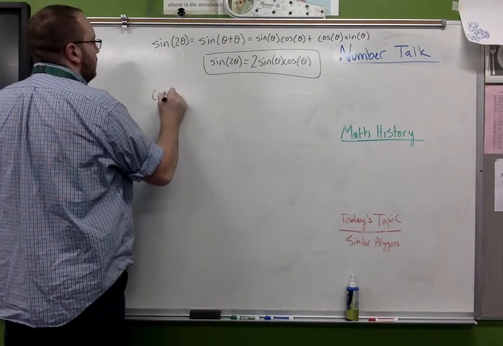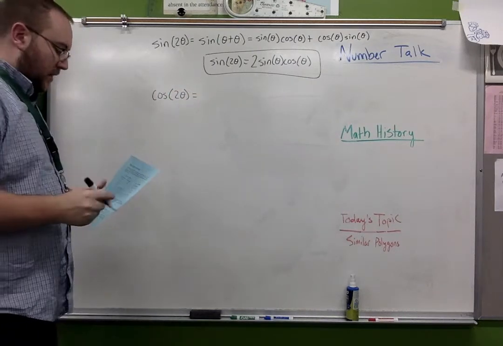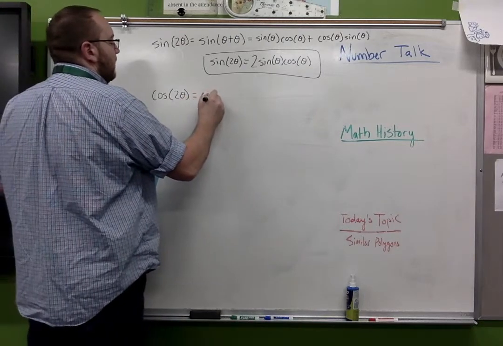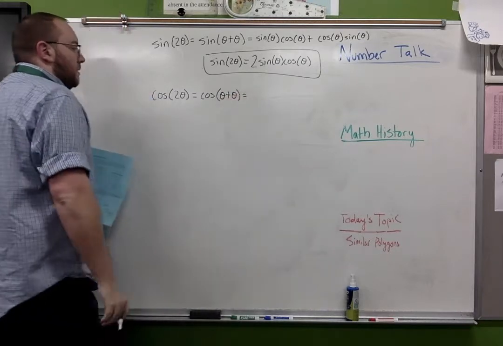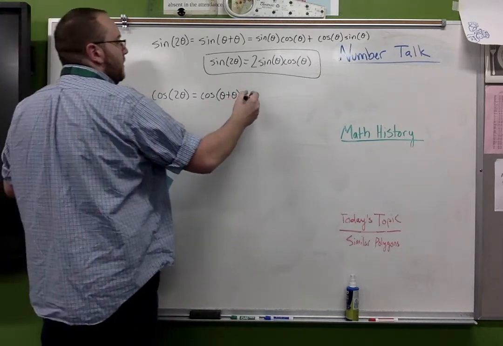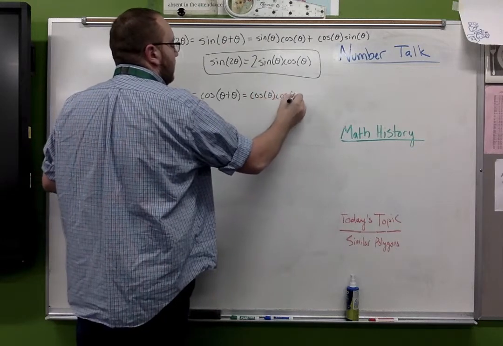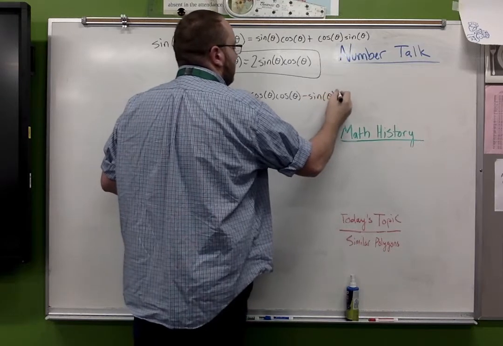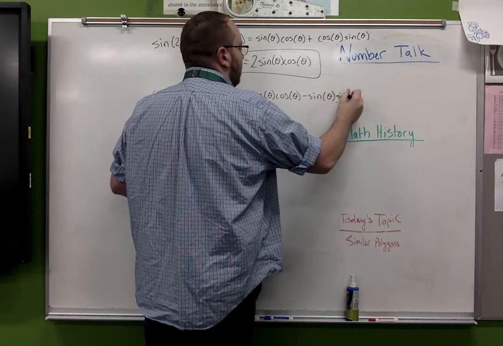Now, with cosine, its double angle identity, there's actually 3 forms. So once again, we're going to go cosine of theta plus theta. This angle sum is cosine theta times cosine theta minus sine theta times sine theta.